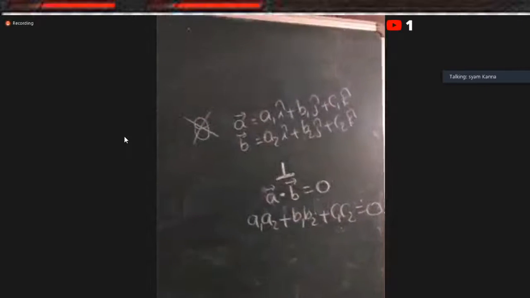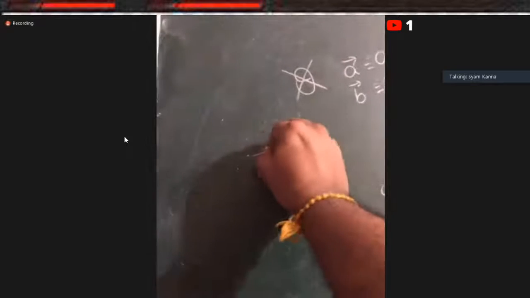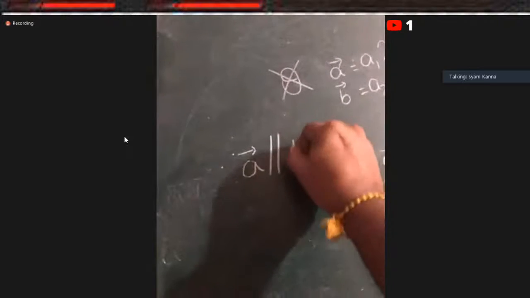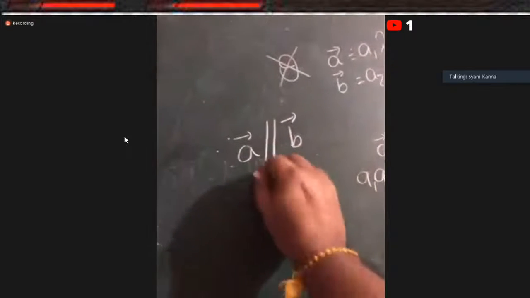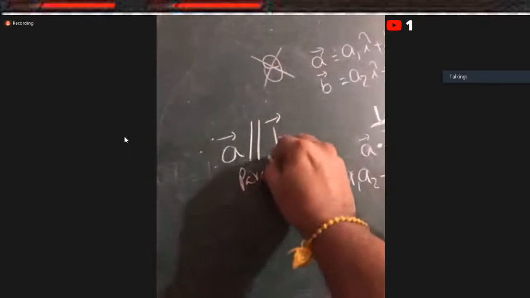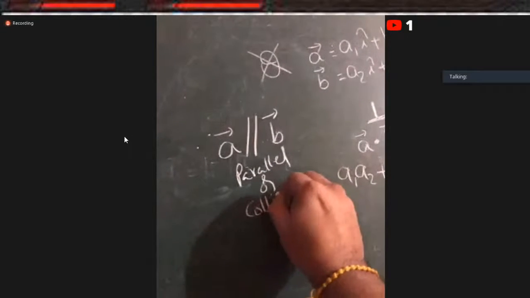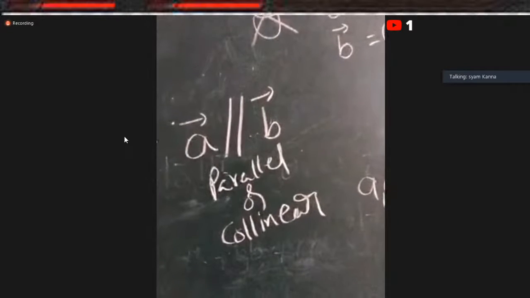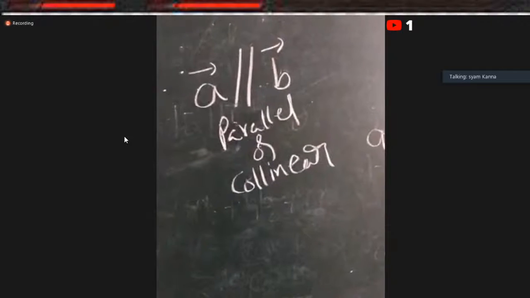Suppose A bar and B bar are parallel or collinear. Anything is okay, for both we will use the same concept.